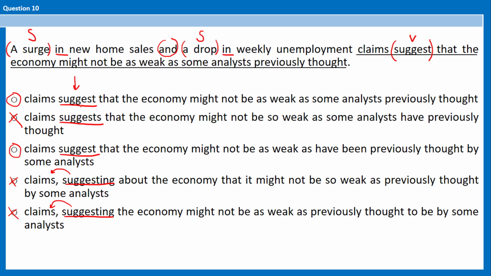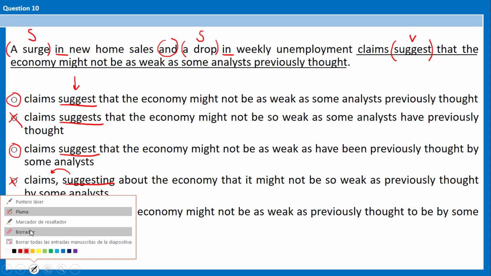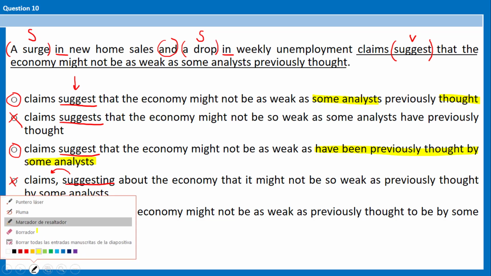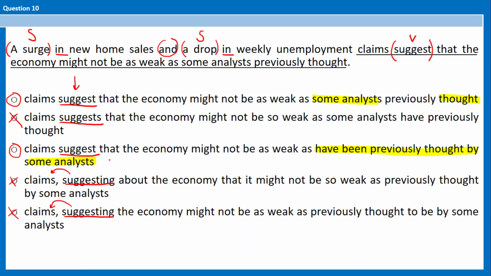Now, what differences do you see between those 2? Well, take a look at the following structure. You have "might not be as weak as some analysts thought" versus "might not be as weak as have been previously thought by analysts." Notice how wordy the third one is.